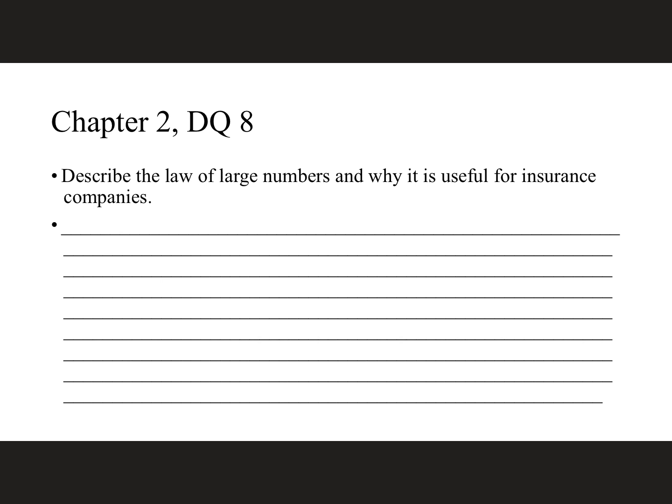So basically, the law of large numbers is a principle that states that actual outcome will approach the mean probability as the sample size increases. So think about this.